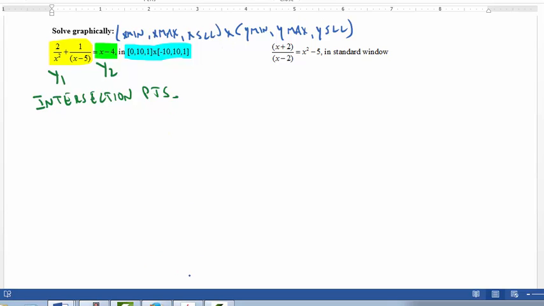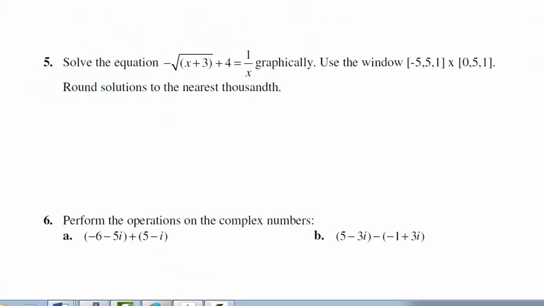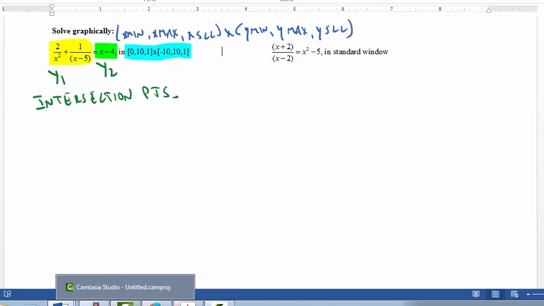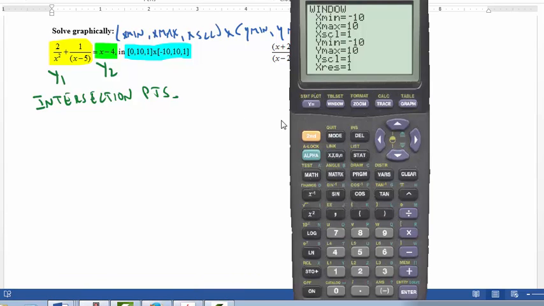So basically you're just entering it down the list in order. So you would just do 0, 10, 1, negative 10, 10, 1, which is there. So now I just hit graph, and I just draw this.